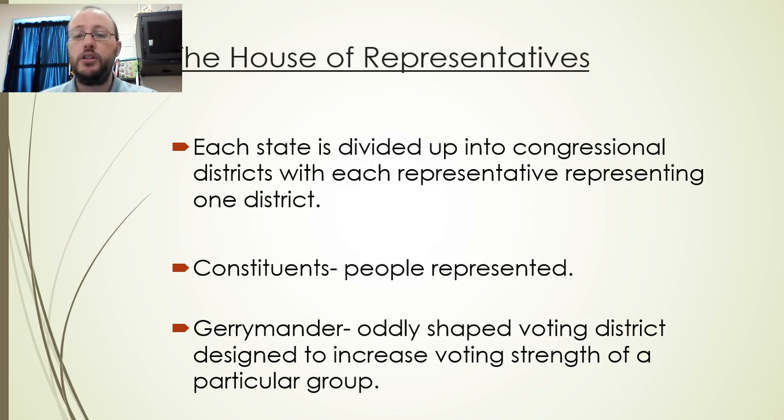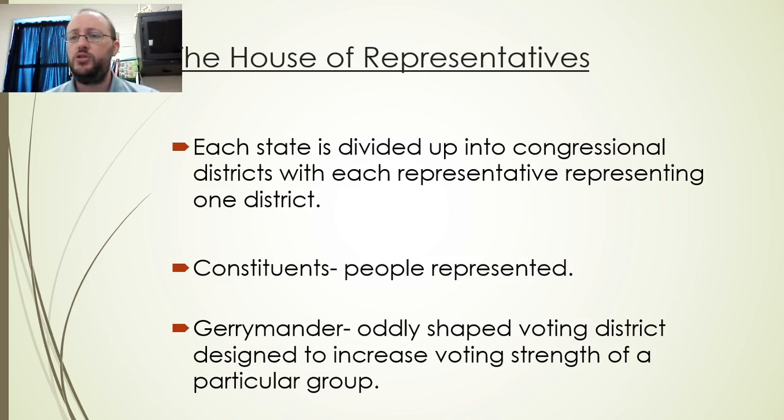A gerrymander is an oddly shaped voting district designed to increase voting strength of a particular group. For example, if they know there's a certain area, like an urban area, that would vote more Democrat, they may gerrymander that in to form a Democratic district. It's going to always vote Democrat for the most part. That's really the purpose of it.